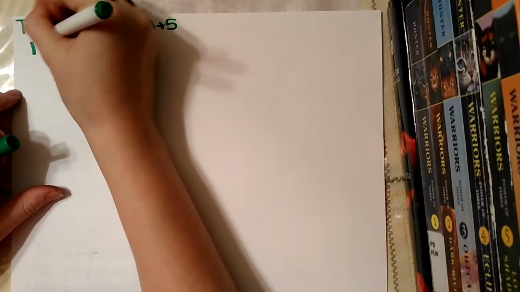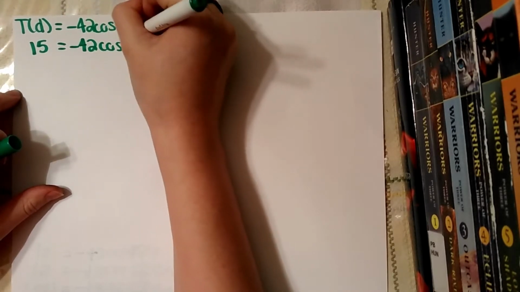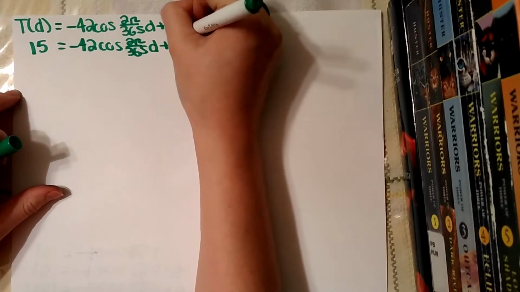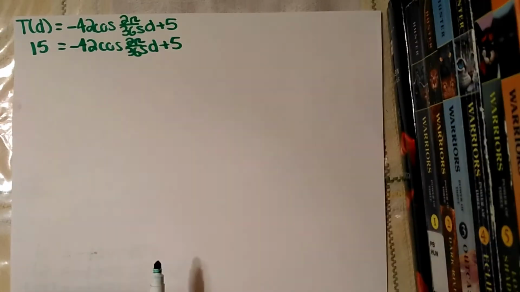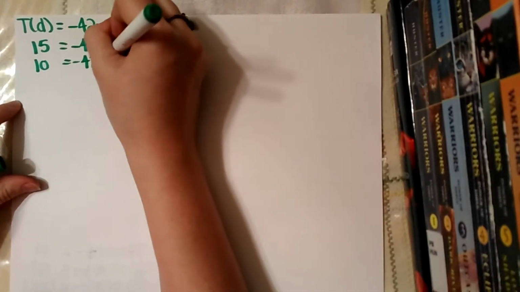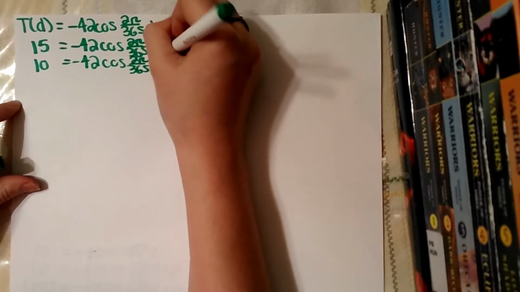Subbing in the 15 gives us 15 equals negative 42 cos 2 pi over 365 D plus 5. First, what we're going to do is subtract the positive 5 to the other side. That gives us 10 equals negative 42 cos 2 pi over 365 D.